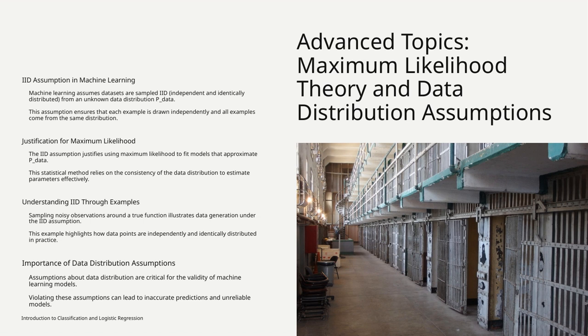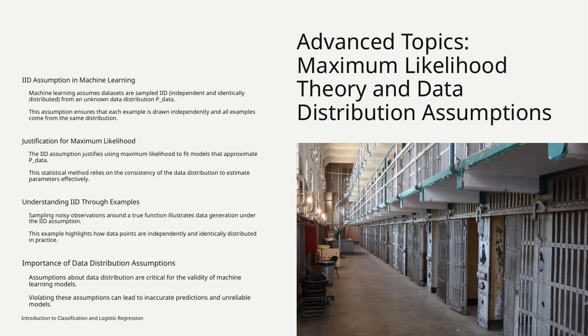estimates. To understand this better, consider an example where we sample noisy observations around a true underlying function. These observations are independent and identically distributed around that true function, illustrating how data generation often follows the IID assumption in practice. This example helps us see how, in real-world situations, data points are often treated as IID, which simplifies analysis and model fitting.